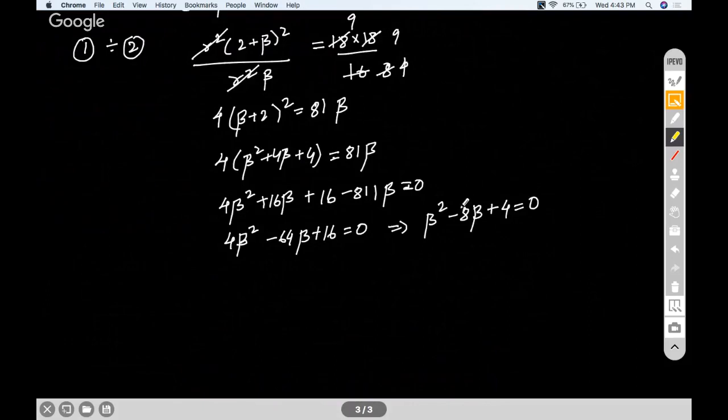Sorry, 16 beta, I'll just change this up. 4 beta square plus 16 beta plus 16 is equal to 81 beta. So that's going to be 4 beta square minus 64 beta plus 16 equal to 0.